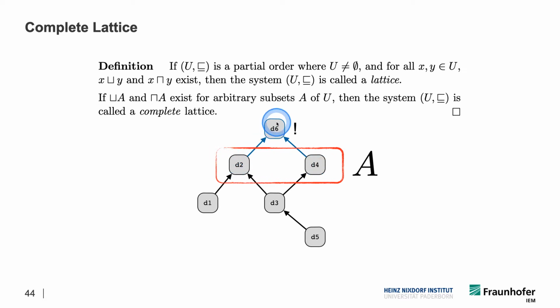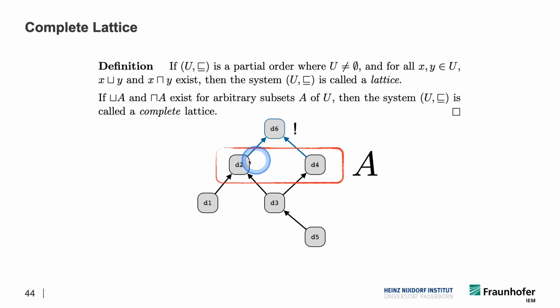So we have to have a common upper bound of D2 and D4. If this element has to exist, then we are talking about a complete lattice, and this has to exist for all arbitrary subsets A of U, right?